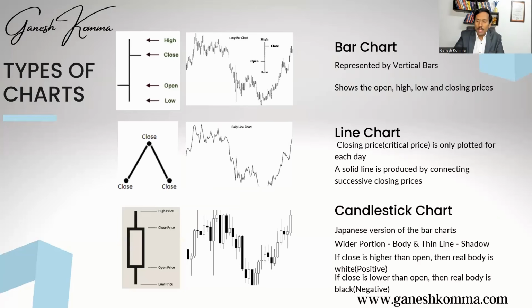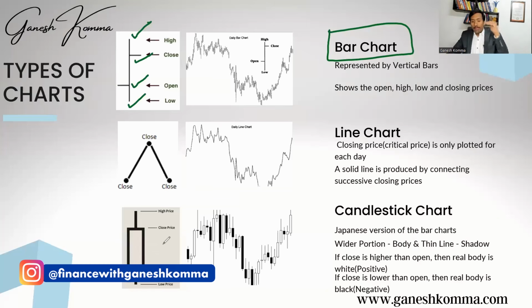Now, if you look at the bar chart, whenever on a specific trading day the stock has started movement, we have the opening price and the closing price. And on that day, whatever it has touched high, we have the high and even the low.